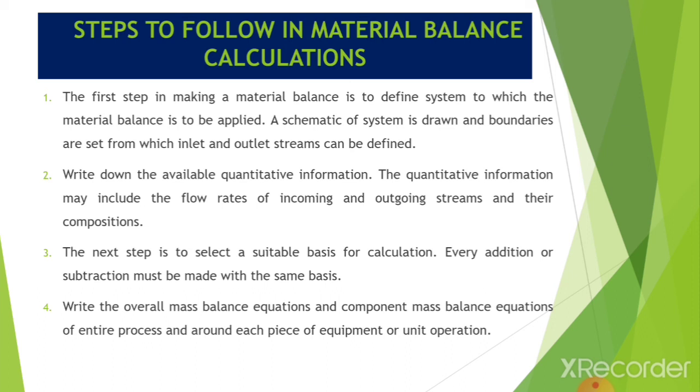But if it is not given, we have to consider that every addition or subtraction must be made with the same basis. The fourth step is to write the overall mass balance equations and component mass balance equations of the entire process and around each piece of equipment or unit operation.